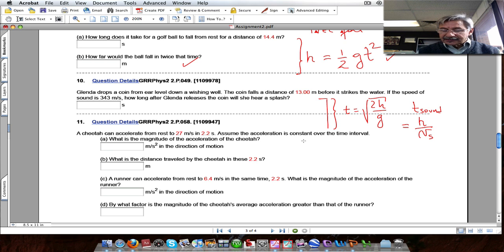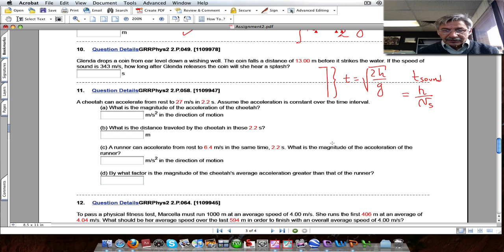Number 11, this is again a problem of these equations with constant acceleration.